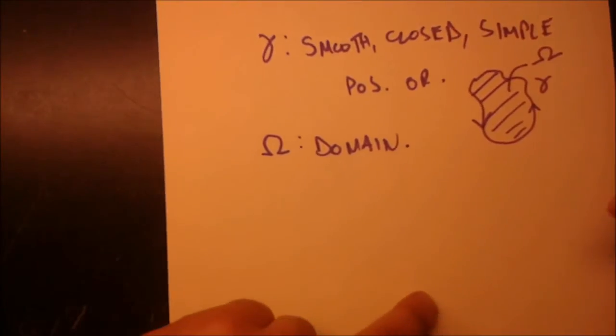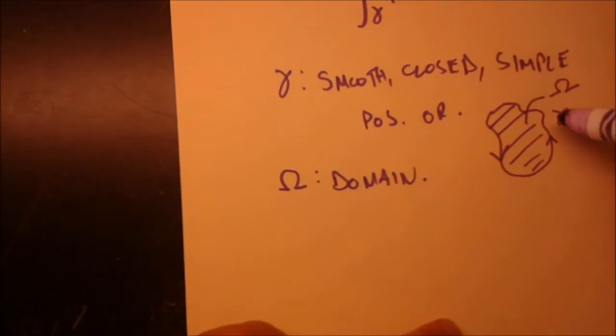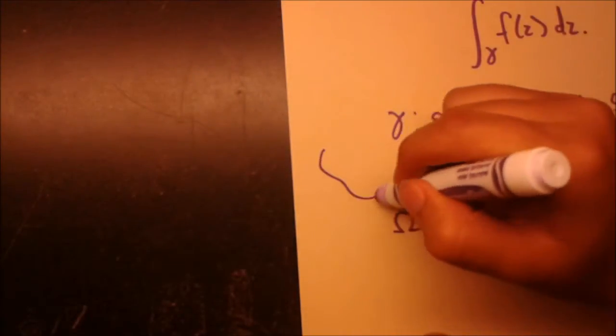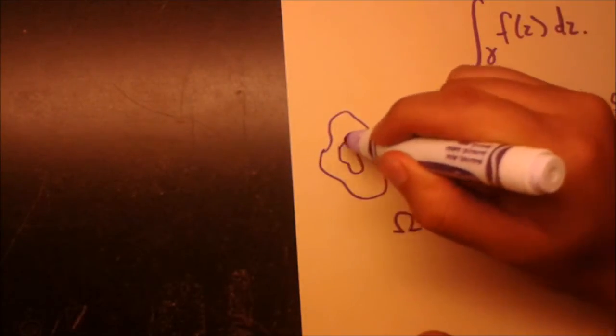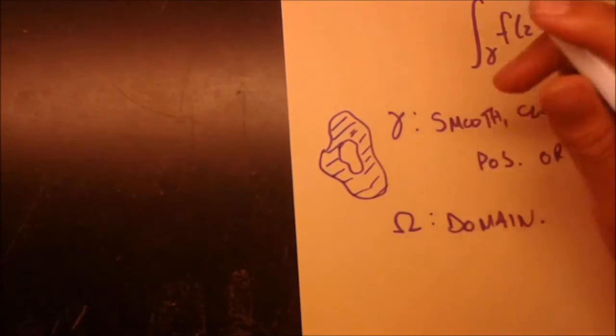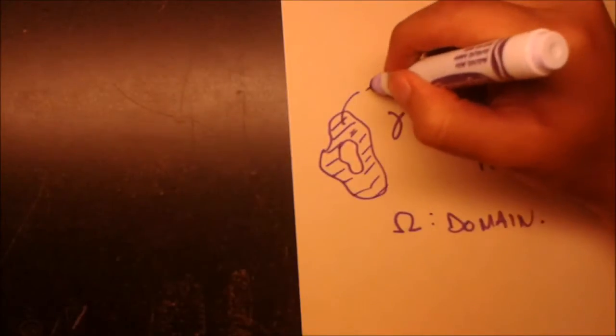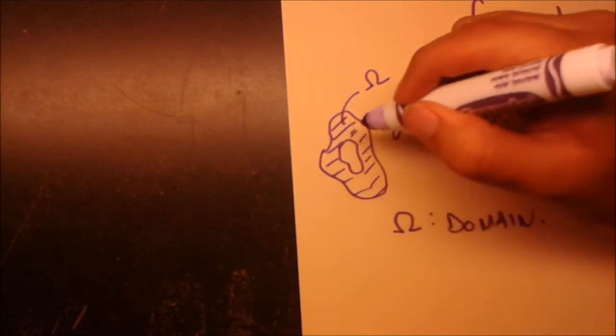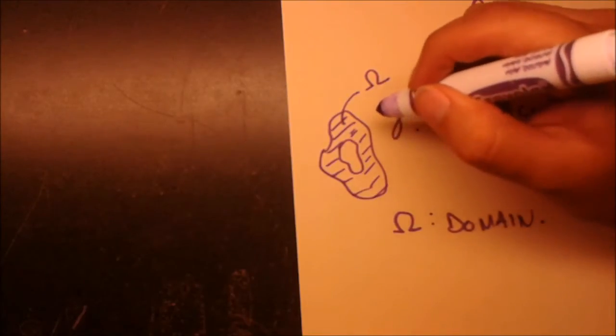Now a small technicality to note is that gamma does not have to be just one piece. Gamma can be multiple pieces. For example, let's look at this example. Let's say omega is just this part of the donut. If omega is only this part, then gamma is these two curves, this outside curve and this inside hole. Now we have to see which direction each is going.